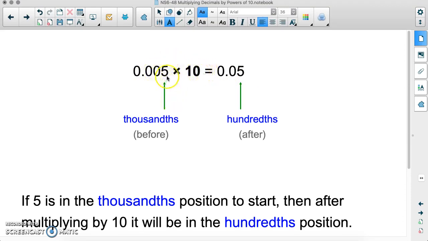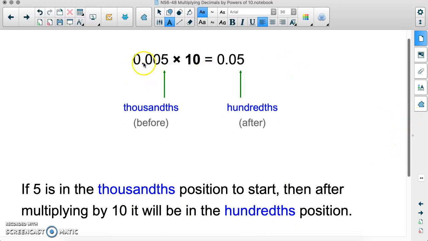Now, we have 5 thousandths here. If we multiply by 10, we end up with 5 hundredths. So if the 5 is in the thousandths position to start, then after multiplying by 10, it will be in the hundredths position. Okay, so we have moved the decimal one spot to the right.